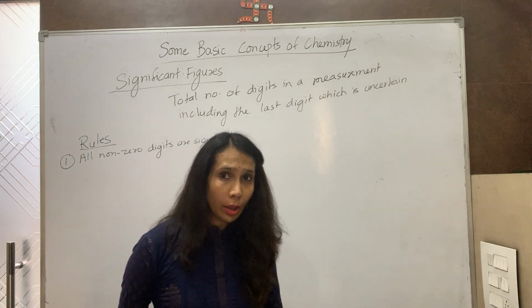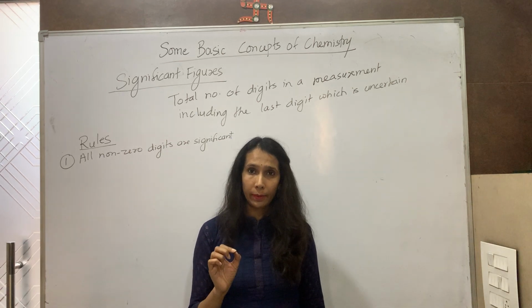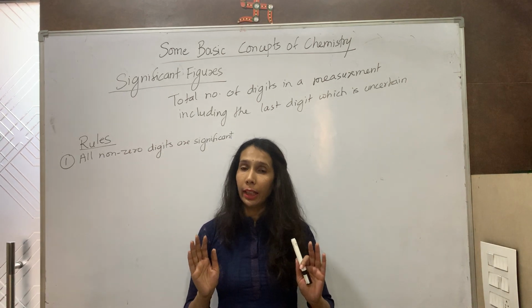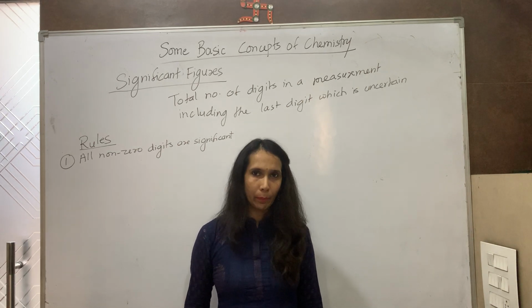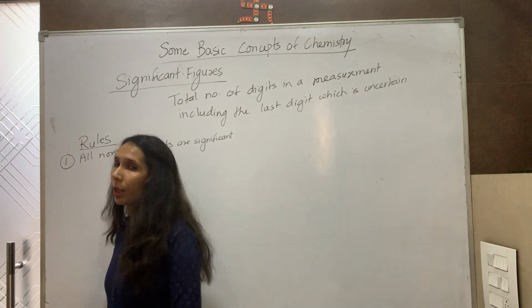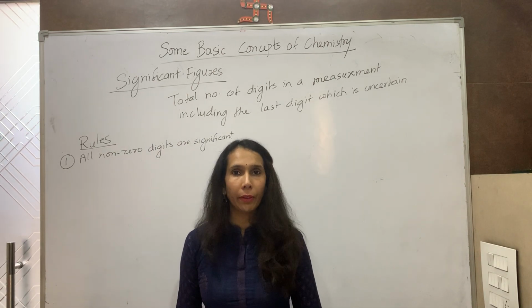First, we will do all the rules, then only we will start applying the rules. So first you listen carefully to all the rules, and then at the end we will be doing the examples. Non-zero digits means besides 0, whatever the digit 1 to 9, they are significant.